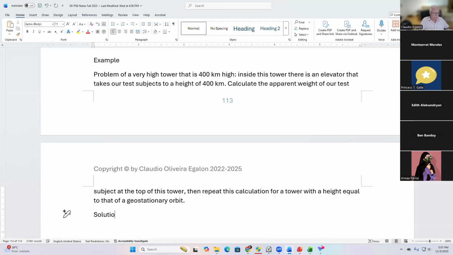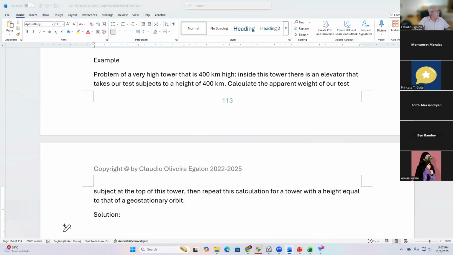Solution. You already know that the apparent weight of an orbiting object is 0. Weightlessness. What about the apparent weight of this object that's sitting at the top of the tower?